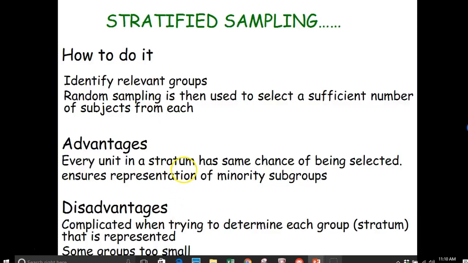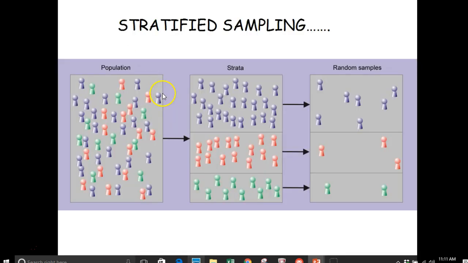The next method we want to look at is stratified sampling. Stratified sampling looks at the entire population. So we'll look at that. Have your population. We're going to do a simplified population of purple, red, and green people. We're going to break it up into strata, which are also called groups. Homogeneous, meaning they're all the same. So I break them up into their color, and then I randomly pick people.